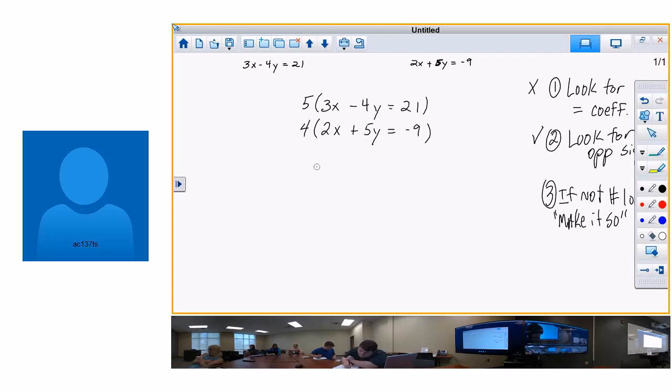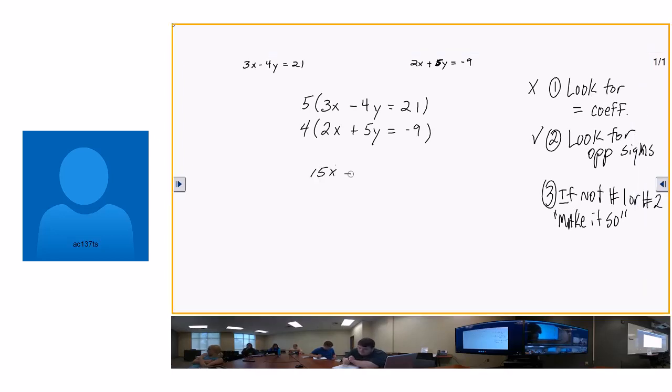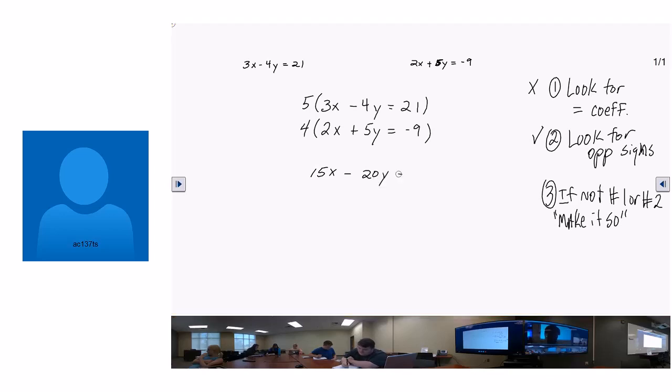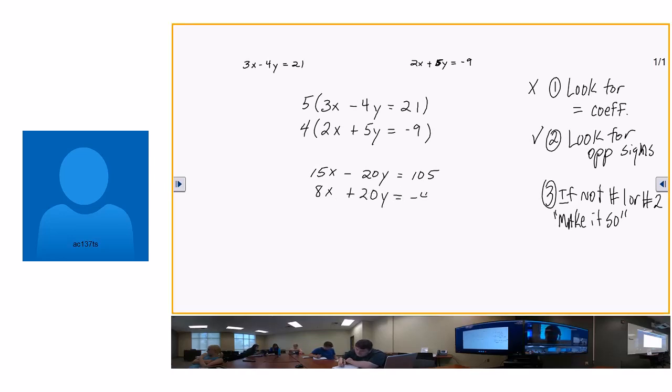So I get 15x minus 20y is equal to 105, and 8x plus 20y is equal to negative what? Negative 36, 4 times 9.